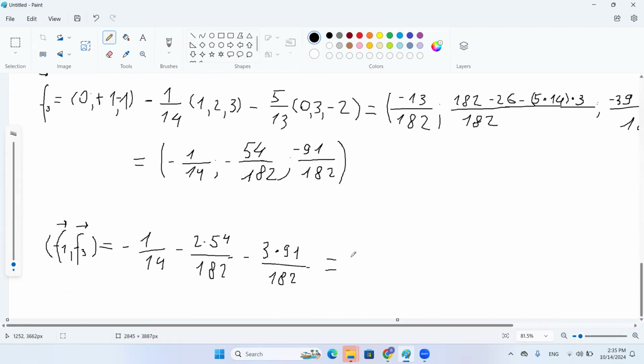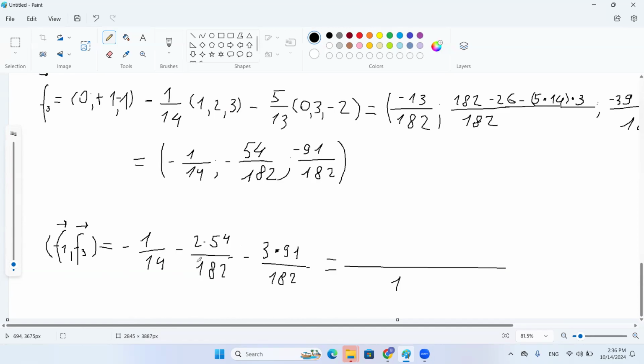So let's calculate it. Can I ask a question? Yeah, of course. Can't we write minus 91 divided by 182 like minus 1 divided by 2?